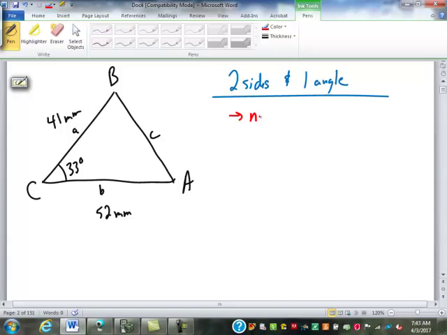This is going to be law of cosines. Neither one of the two sides is the side opposite the angle, so that means we cannot use law of sines here. We have to start out with law of cosines.